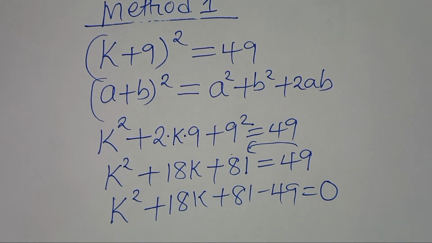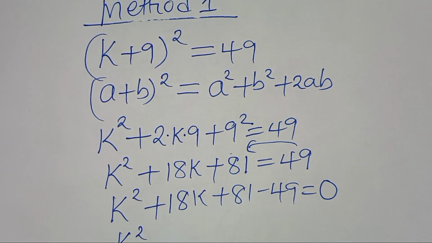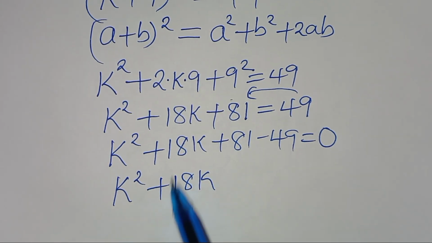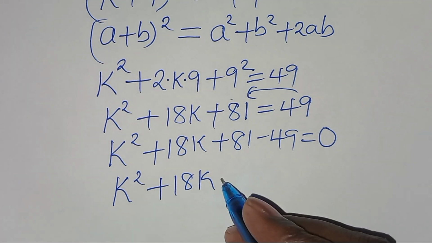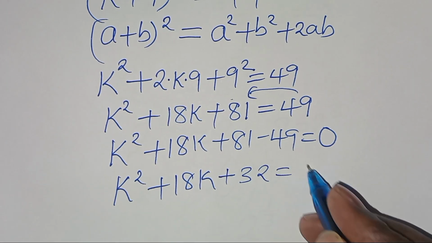So we have k^2 + 18k, then plus 81 minus 49, this is 32, equal to 0.